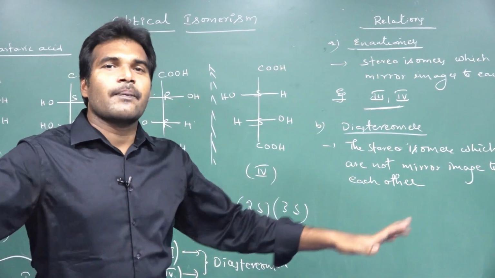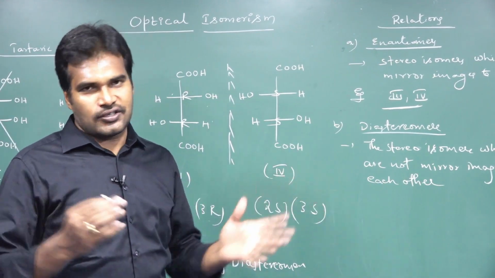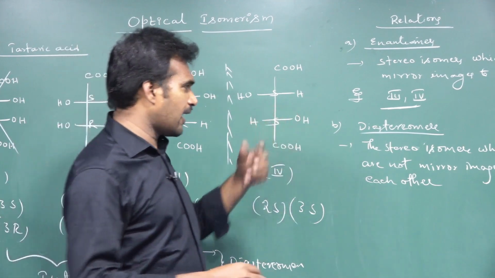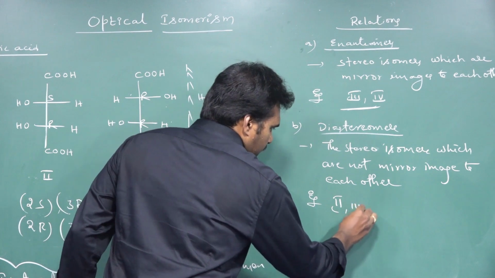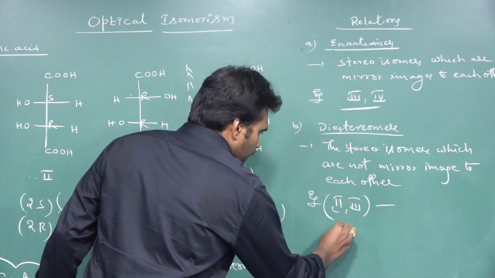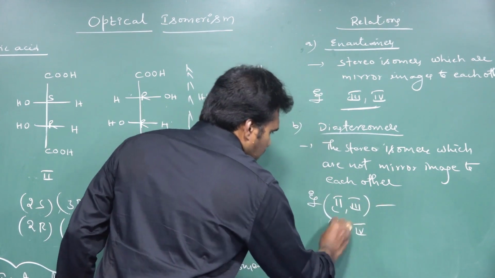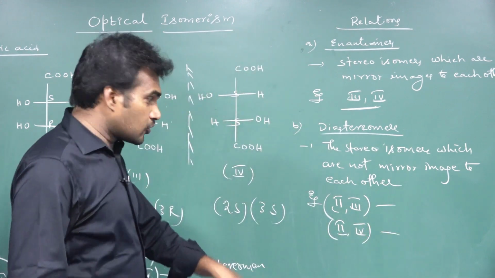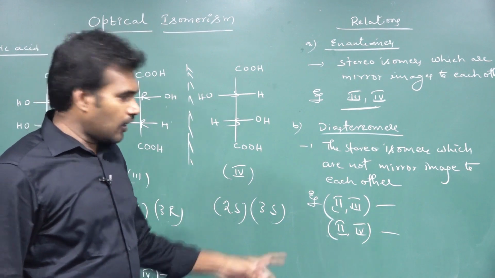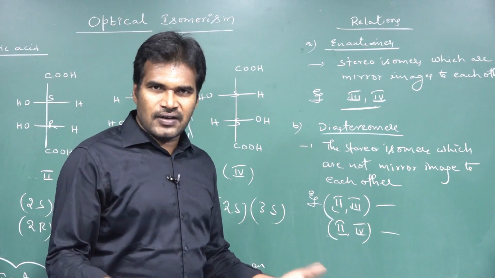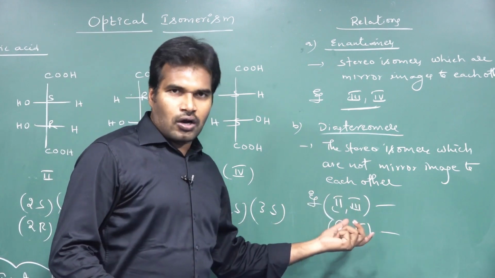So we can easily separate the diastereomers from a mixture. So this is about the diastereomers. Here in the given example, 2, 3, this is one pair of diastereomers. 2, 4, this is another pair of diastereomers. And also 1, 3, 1, 4. 1 and 2 both are identical. That is why I am not giving the 1, 3, 1, 4 combination.